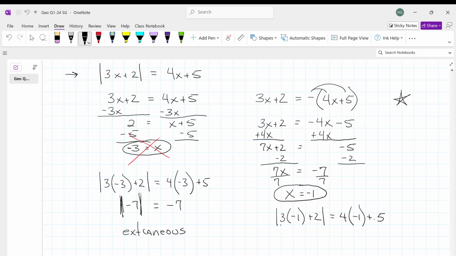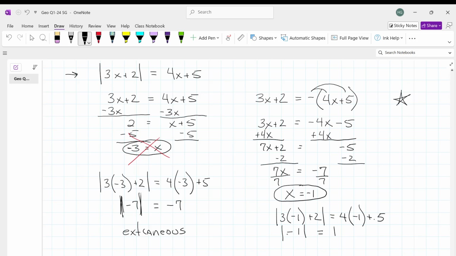So on the left-hand side, we get the absolute value of 3 times -1, which is -3, plus 2 is -1. 4 times -1 is -4 plus 5 is +1.